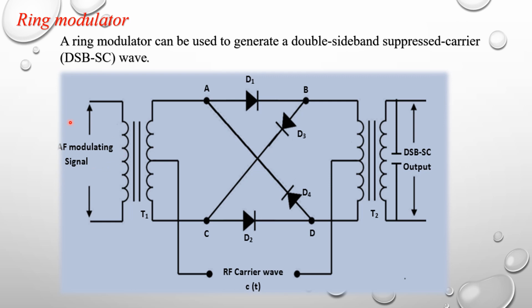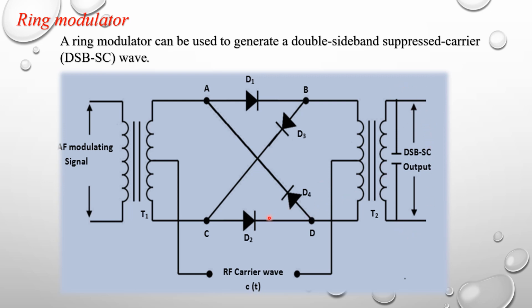The output appears across the secondary of the transformer, so here we get the output waveform.